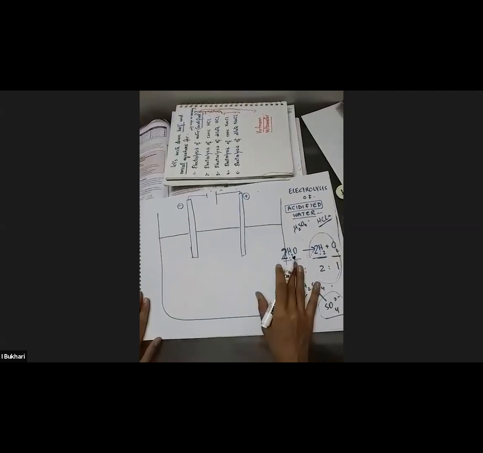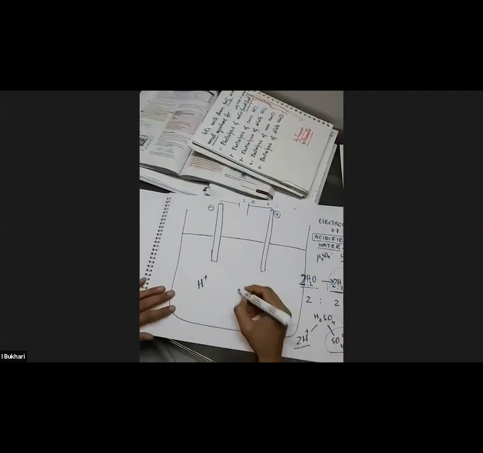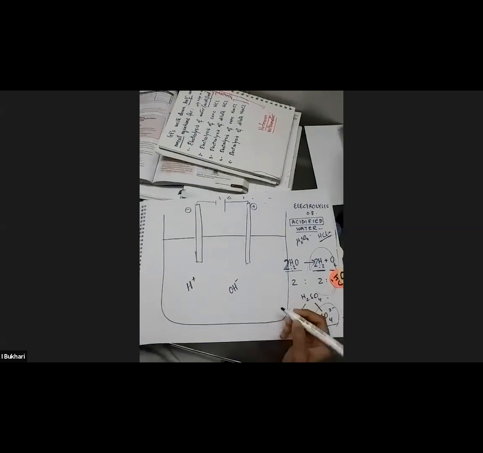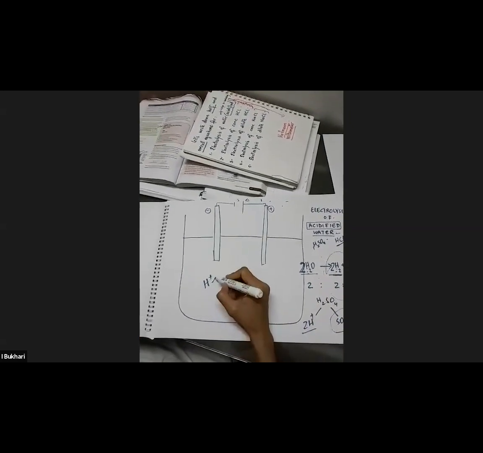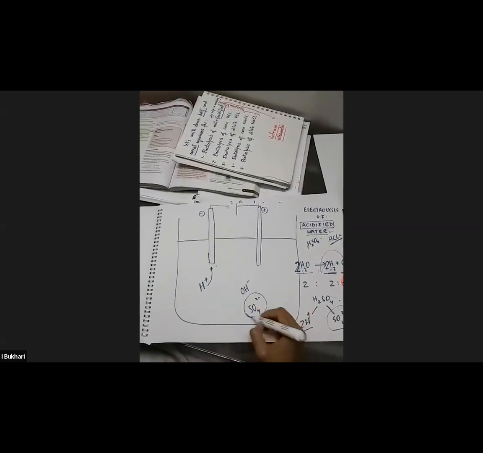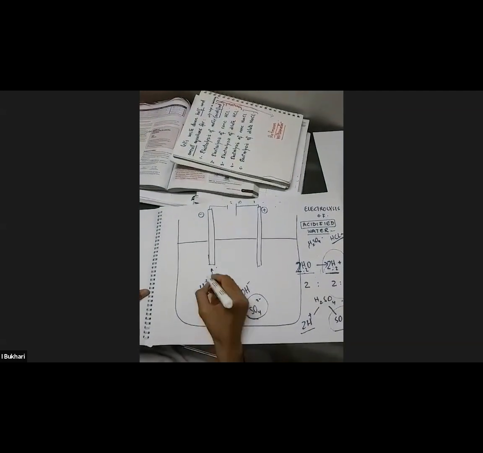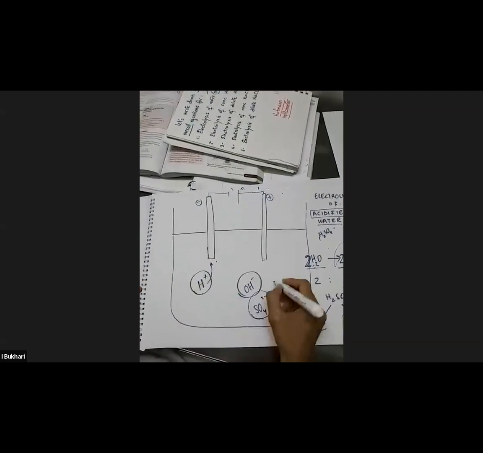So, okay, hydrogen ions, and then I have hydroxide ions. Simple as that, okay? Hydrogen ions, and I am not taking into consideration sulfate ions because they will stay in solution. They will not contribute towards the products. So I have hydrogen ions and I have hydroxide ions.